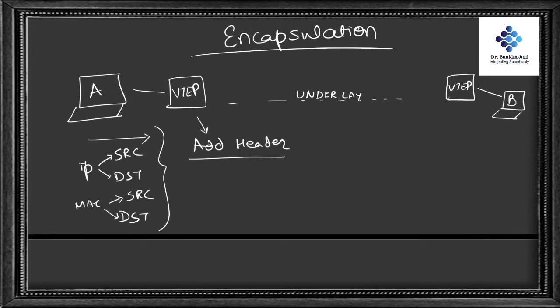So what will we like to add? Well, we would like to add VNI, virtual network identifier. So it's like we have to create a path, right? And we'll be giving some number to that path, which will be any number from 1 to 16.7 million.